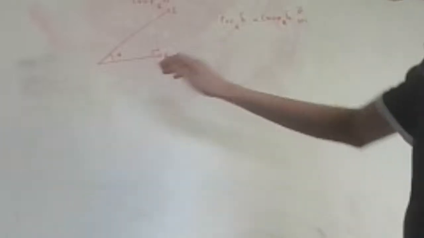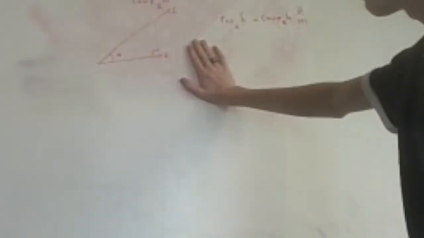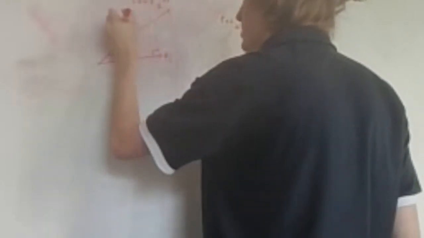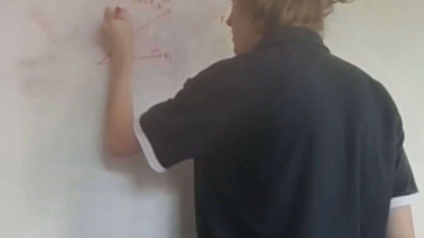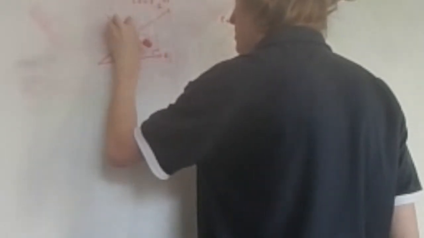And so we're just going to project B along. Now we're going to project the magnitude of B. I think that's how that works.